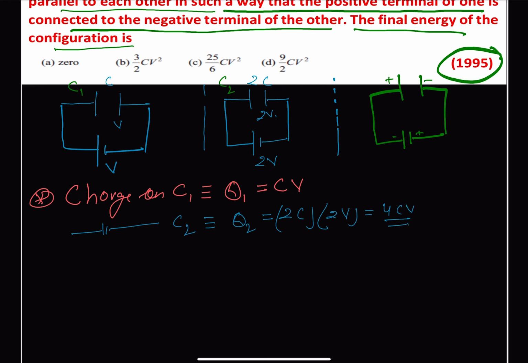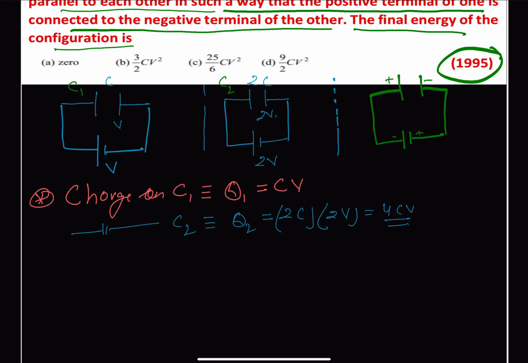Both the capacitors are connected in parallel, so obviously they should have a common potential, which we can find out by using the formula.